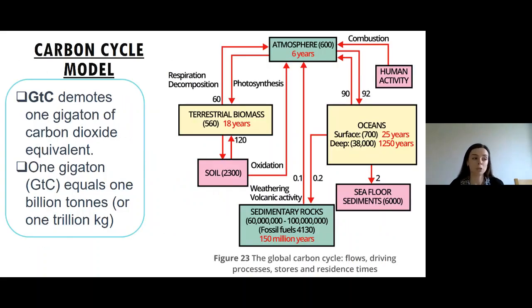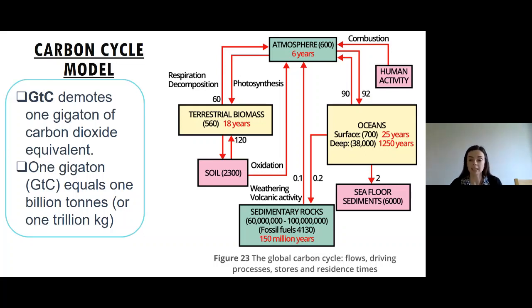This slide here shows the global cycle in a diagrammatic form. The squares on the diagram are carbon stores. The carbon flows that go through these stores are driven by a range of natural processes we'll look at later on.